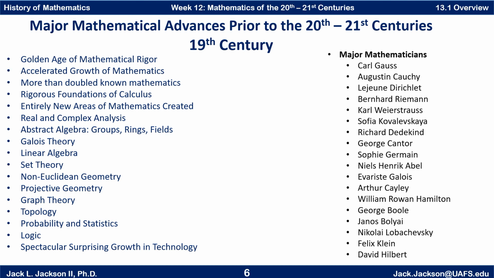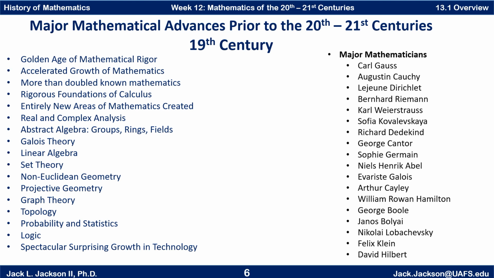Also some work with linear algebra. The first part of set theory was starting to show up there, and non-Euclidean geometry was discovered, which was an earth-shattering way of looking at the world, and it really shook the foundations of what was going on with mathematics.